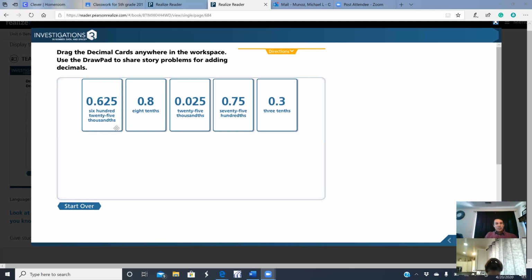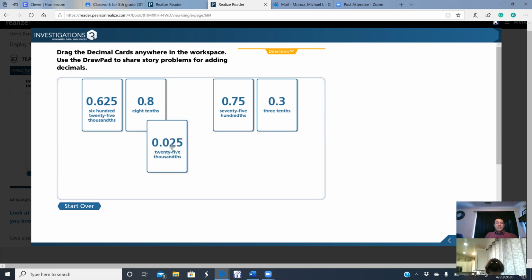So I'm going to look at all my cards: 625 thousandths, 8 tenths, 25 thousandths, 75 hundredths, and 3 tenths. Looking at the tenths place in all of these, I see this one's a 6, this one's an 8, this one's a 0, this one's a 7, and this one's a 3.